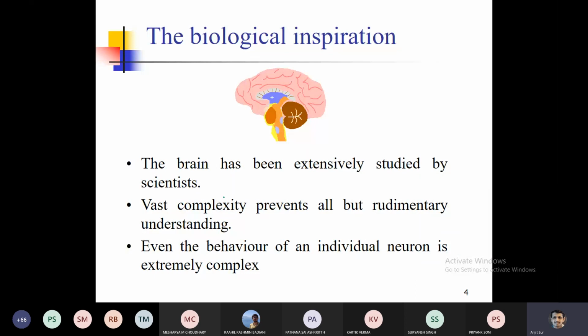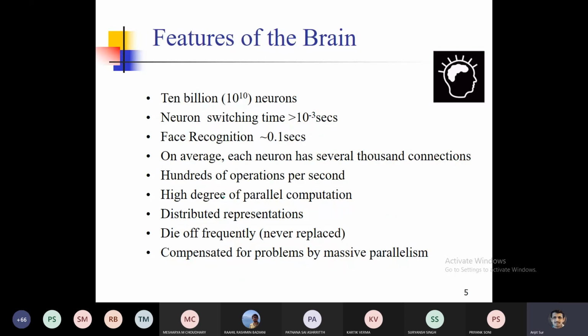Even the behavior of an individual neuron is extremely complex. But surprisingly, if we try to characterize our human brain, there is a huge collection of neurons.